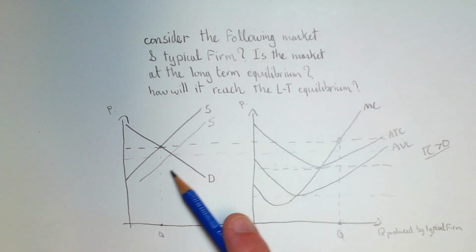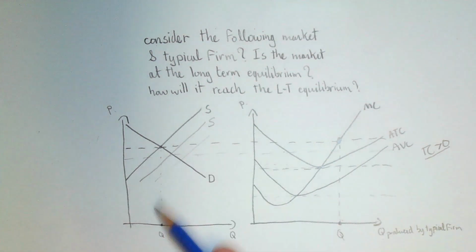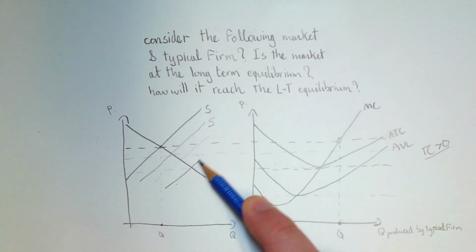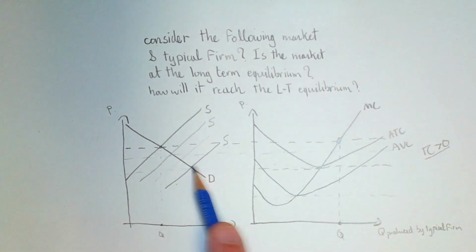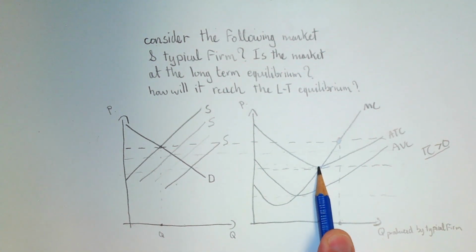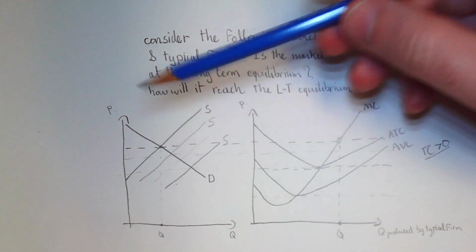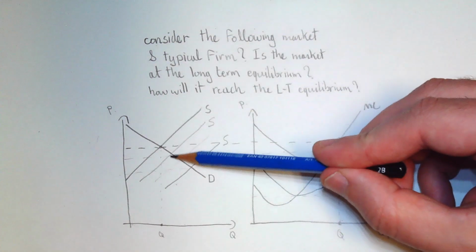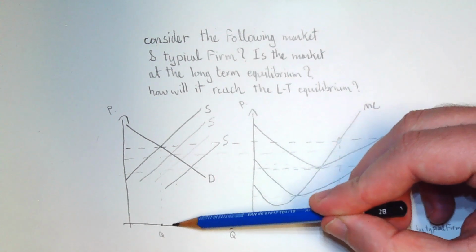So these firms will keep entering and the supply will keep shifting to the right until the equilibrium price is this price here, because this is the break-even price. At the long-term equilibrium, the economic profit should be 0, because no firms want to enter or exit this market anymore. So new firms are entering the market and the quantity traded on this market is increasing.